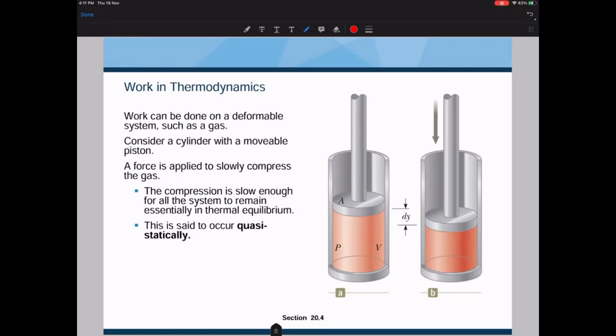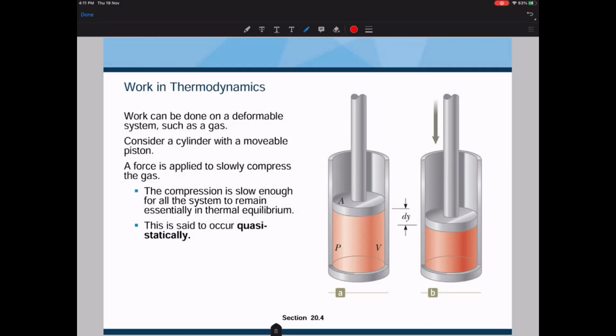So let us take a look at this cylinder, which contains some gas. And the cylinder is sealing the gas by means of a movable piston. If the piston is not moving, it means one thing.